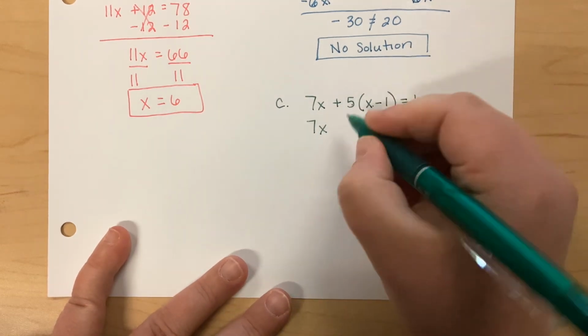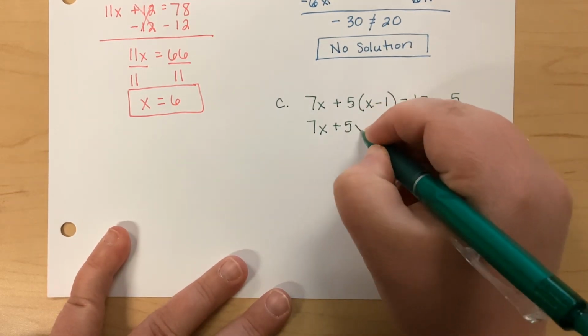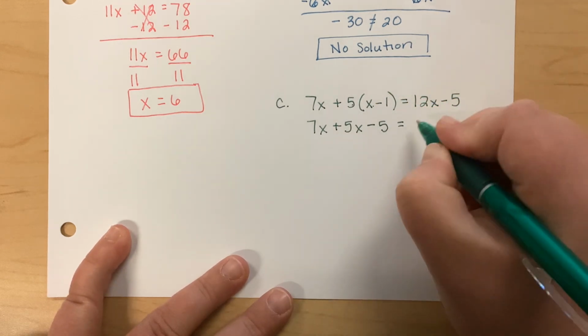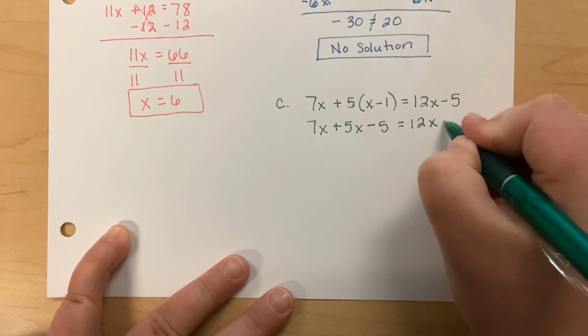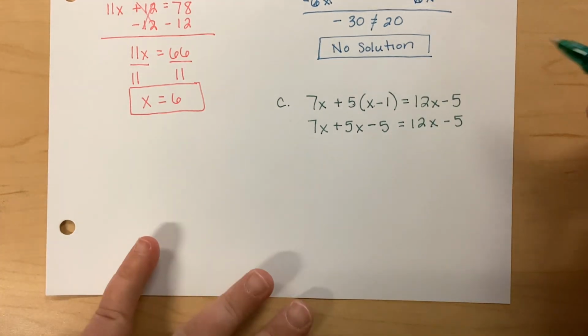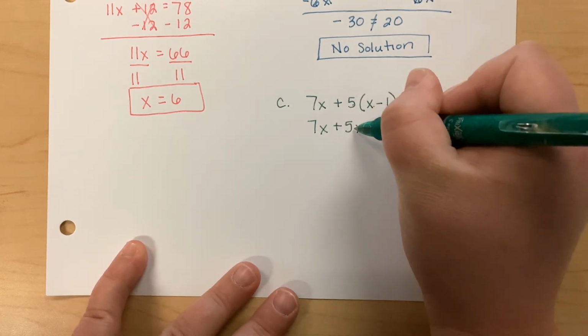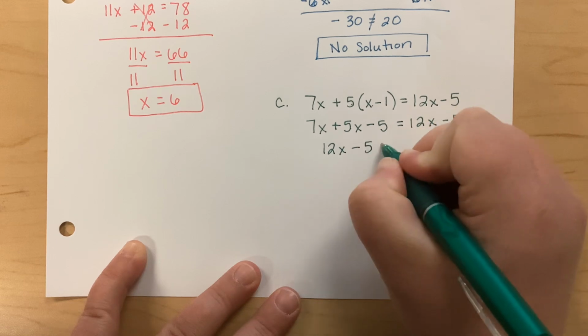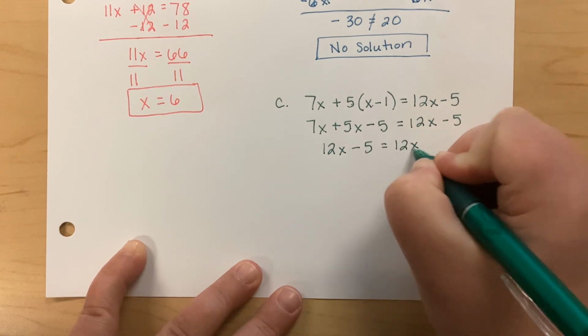So 5 times x will give me 5x. And 5 times negative 1 is negative 5. Nothing changes on the right, so 12x minus 5. Now on the left side, I notice that I have like terms, so I'm going to combine them together. 7x and 5x makes 12x minus 5 equals 12x minus 5.